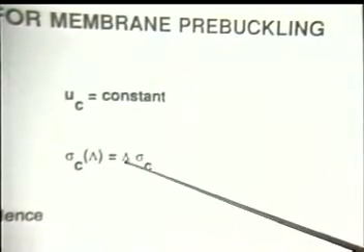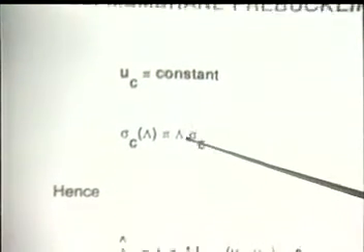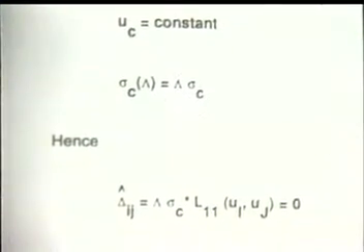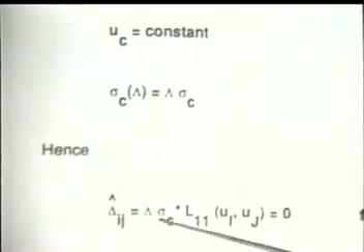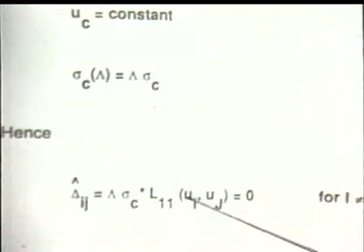Sigma c of lambda becomes lambda times sigma c, so the eigenvalue appears as a multiplying factor, and then this symbol here that you have seen before can be written in this form, and it is 0 because this expression expresses the fact that the different buckling modes are orthogonal.